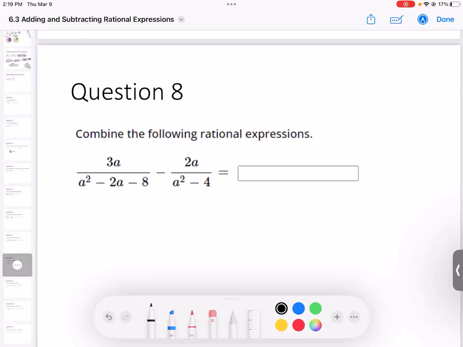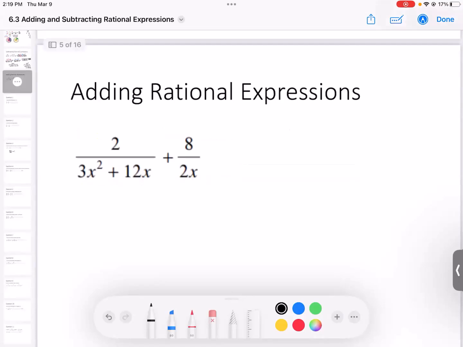All right, let's go through one more example and then I'll let you guys start working on your homework. So on this one, what would our first step be? Yep. Great job. We want to factor it. So the first polynomial on the bottom, and you don't have to worry about factoring the tops. In this case, you couldn't factor them anyway, but you don't have to factor the top, just the bottom.